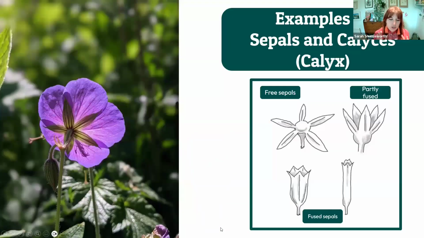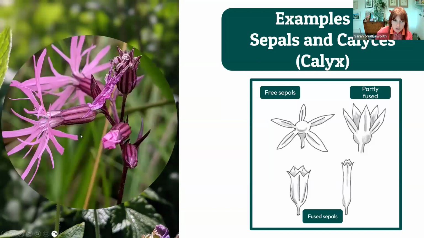So as I mentioned, you can have them completely separate from each other. You can see on this lovely crane's bill, the sepals are quite clearly separate, just as the petals are. And they're just supporting underneath. But you can see on the one behind that they are closed together, protecting that flower in bud. And those are basically free sepals, whereas you can get some that are, as I mentioned, partly fused.